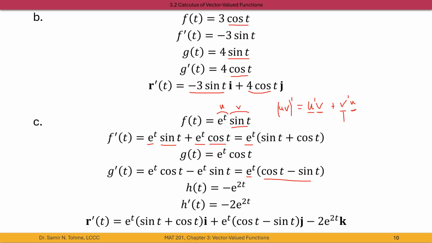The derivative is minus 2 e to the power of 2t. Now add the three together. This one is the x component of the derivative, this is the y component of the derivative, and this is the z component of the derivative. So this one is the derivative of r.